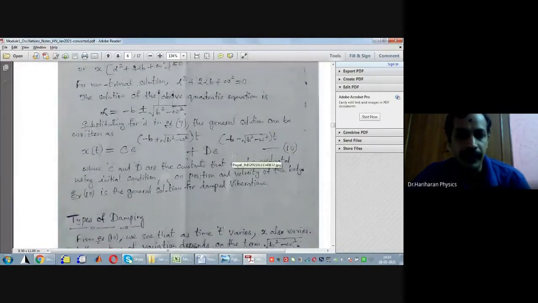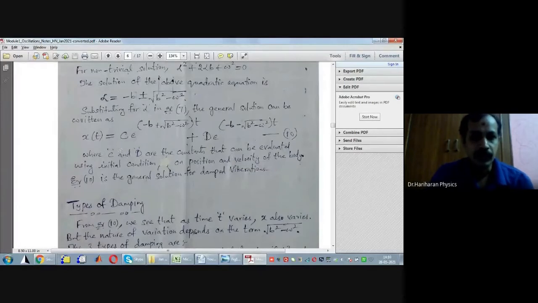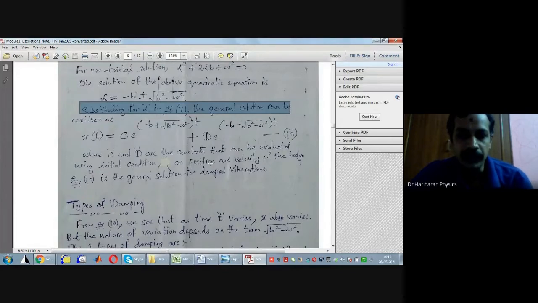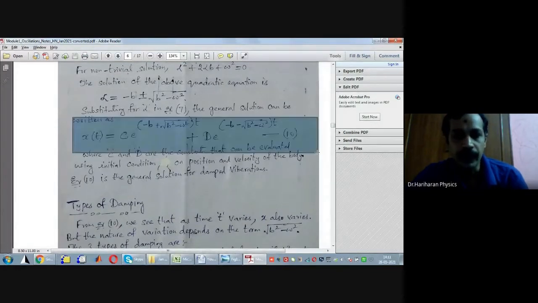What is that given by? Substituting for alpha in equation 7, the general solution of the equation was given by x of t is equal to c into e raised to the power of minus b plus square root of b square minus omega square into t, plus d times the second term, which we called equation 10.